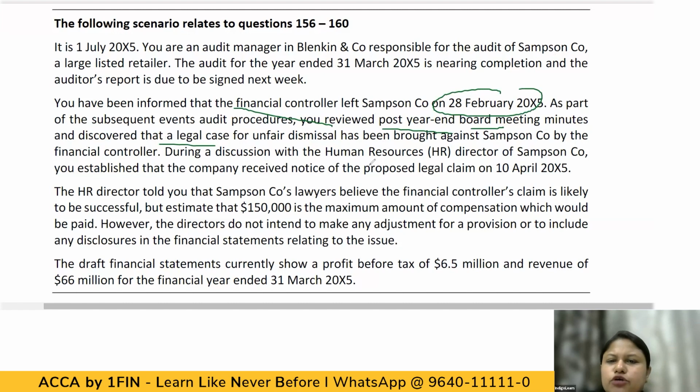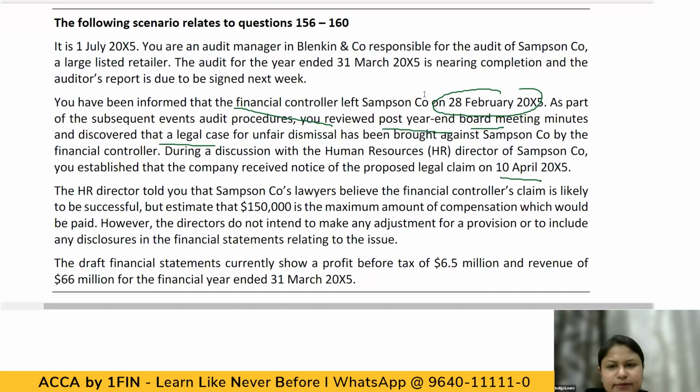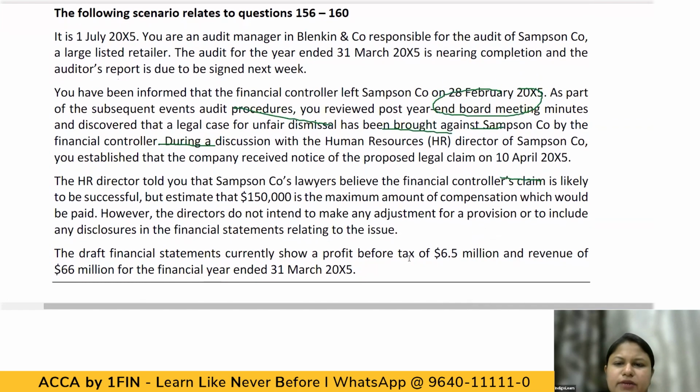During a discussion with the human resource director of Samsung Company, you established that the company received a notice of the proposed legal claim on 10th of April. So this came immediately after the year end. 31st March is the year ending, and it came after the year end. The HR director told that the Samsung Company's lawyer believed the financial controller's claim is likely to be successful, but estimated that $150,000 is the maximum amount of compensation which would be paid.